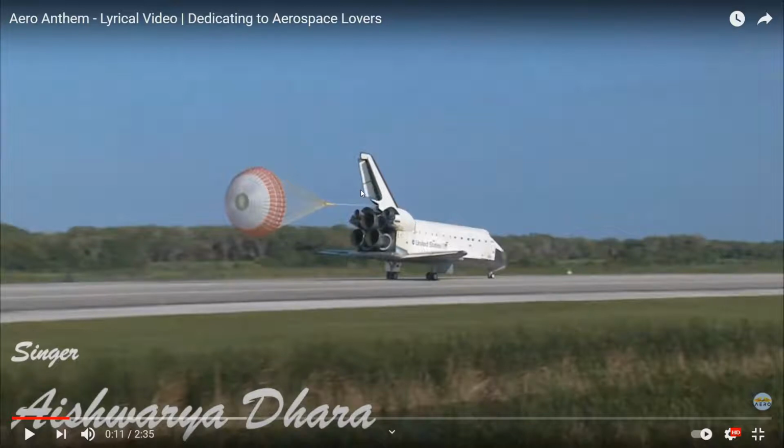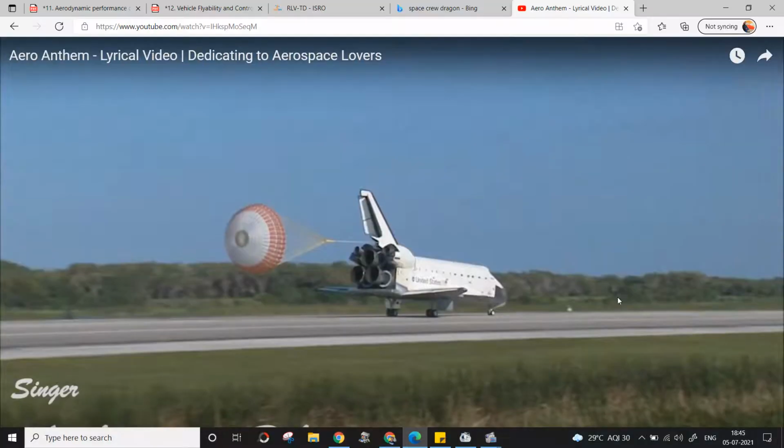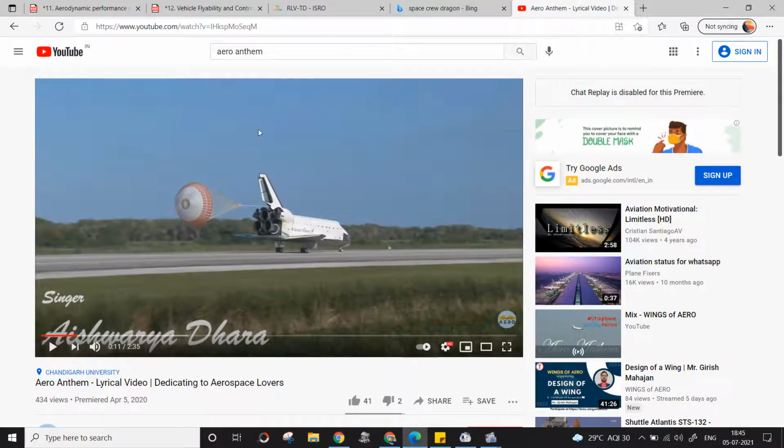When we split the rudder into two equal halves, we can increase the area, and by increasing the area we can increase the drag. So apart from using parachutes, if we have a rudder used as a speed brake, we can increase the drag and slow down our vehicle.